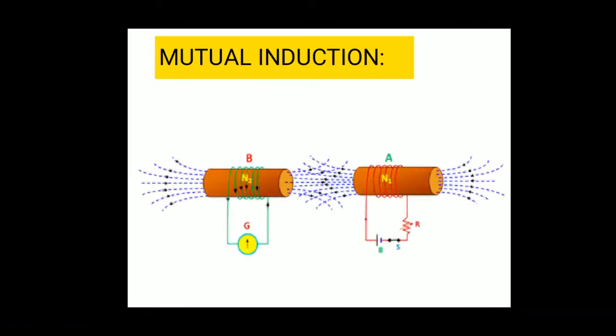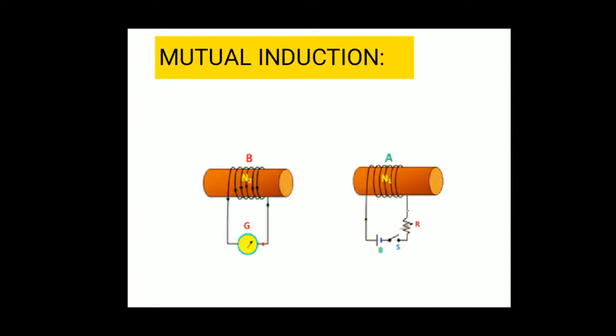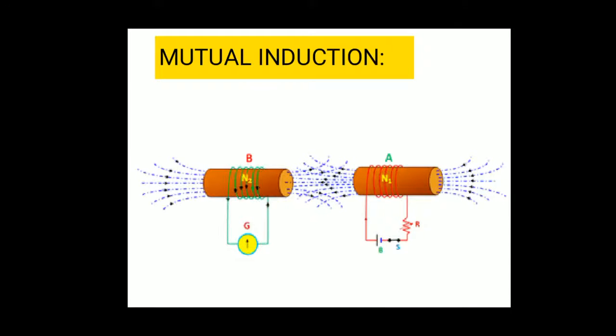The magnetic flux linked with one coil is directly proportional to the current through the neighboring coil.